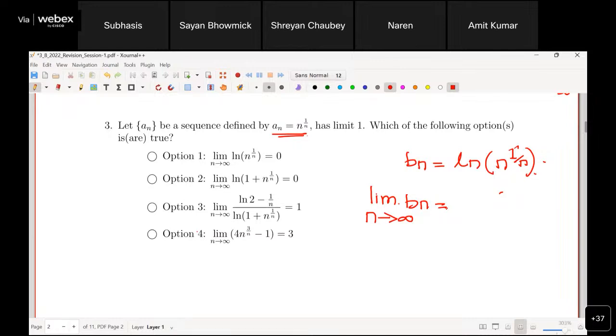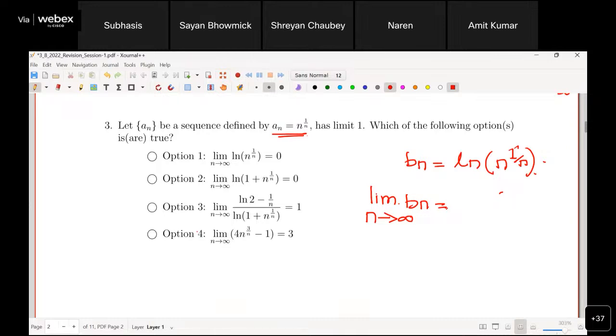So we can take the limit inside ln, right? Yes, that is what I was saying. The good thing about this ln function is you can actually interchange the function and the limit. That is the good thing about the log function.